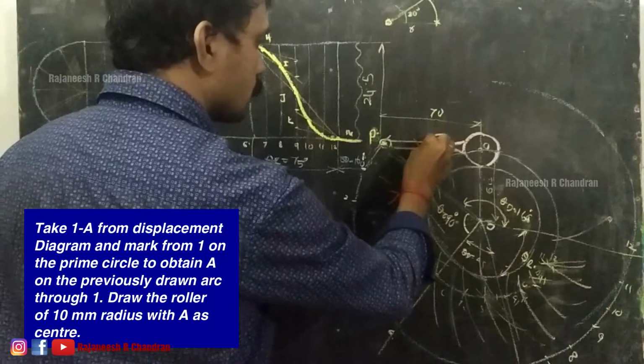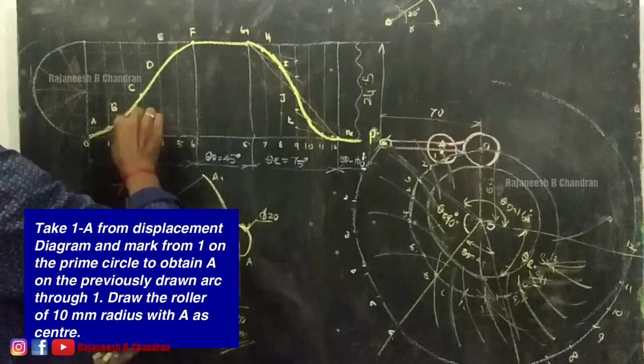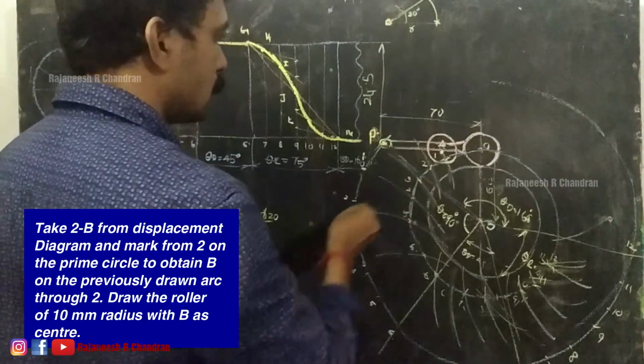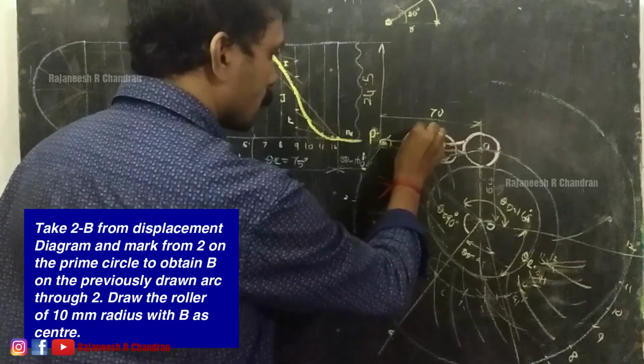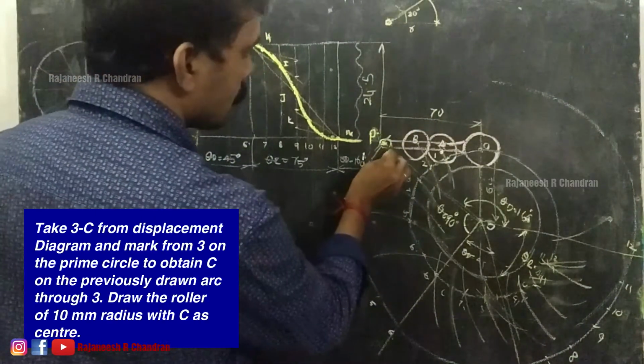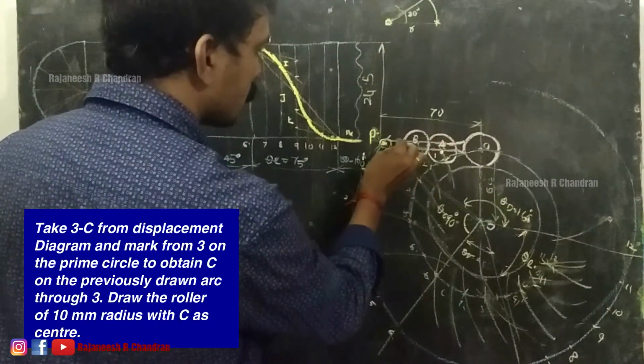Now take 1A, mark here. Draw the roller there. That will be our A. Take 2B, mark here. Draw the roller there. Take 3C, mark here. Draw the roller there.